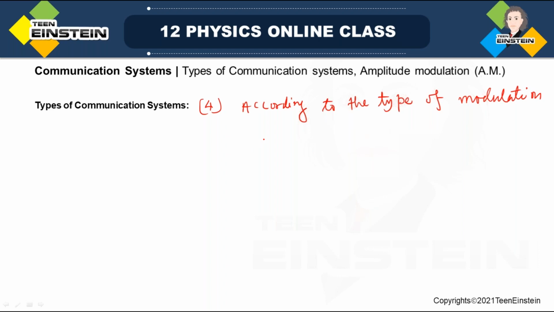Modulation we had already discussed a little bit, but I'll just recap, and obviously we will be discussing amplitude modulation today. Modulation means if you have a signal like a speech signal or some music, those signals will have very low frequency, and low frequency signals cannot be transmitted for long distance.